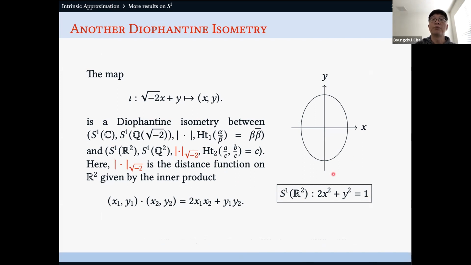So this is quote unquote my circle, but then that is matched up with, again, a complex unit circle, whose rational points are characterized by points coming from the imaginary quadratic field Q of square root of -2. So again, this gives you a complete description of very badly approximable points in the complex unit circle.